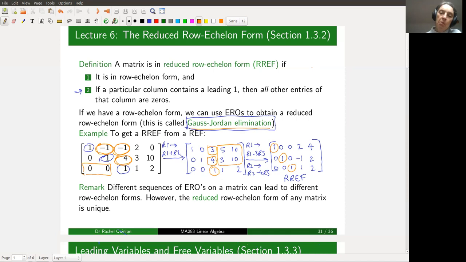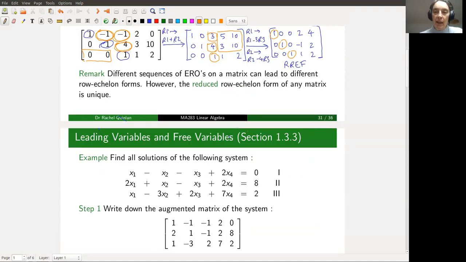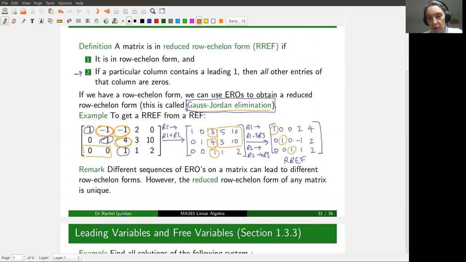But in the reduced form, we have something kind of even better in a sense, in that if you think about the first three columns here in this reduced row echelon form as corresponding to variables x, y, z, for instance, then in the system corresponding to this reduced row echelon form, variable x appears only in equation 1 and not the other equations. Variable y appears only in equation 2 and not the others.